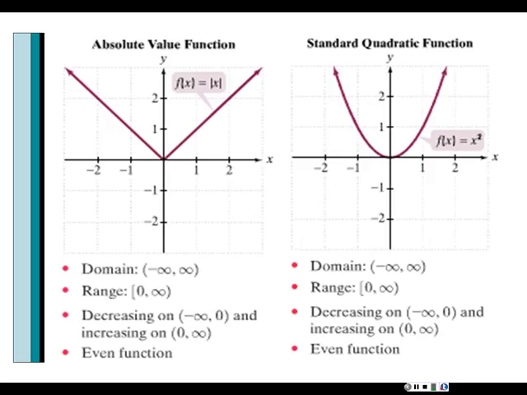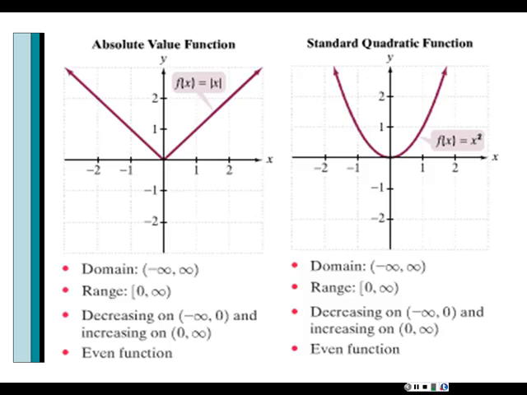Again, the domain is negative infinity to positive infinity. There is a little change in the range. The range starts from 0, because none of the values of y can be negative because of the absolute value. So the range starts from 0 and goes all the way up.